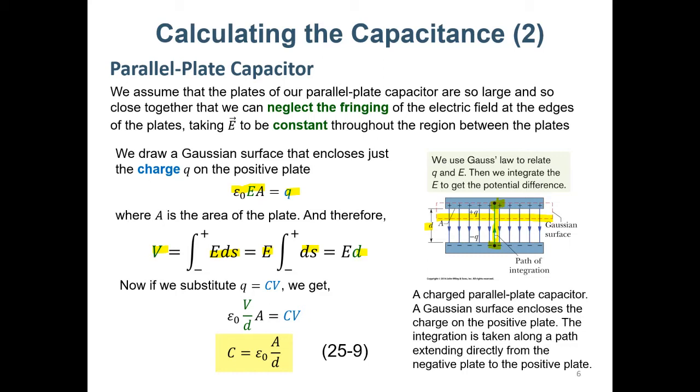So we have come to a similar simple equation: V equals E times d, which you should have learned in high school. For a uniform E field, E times the distance will be the electric potential difference.